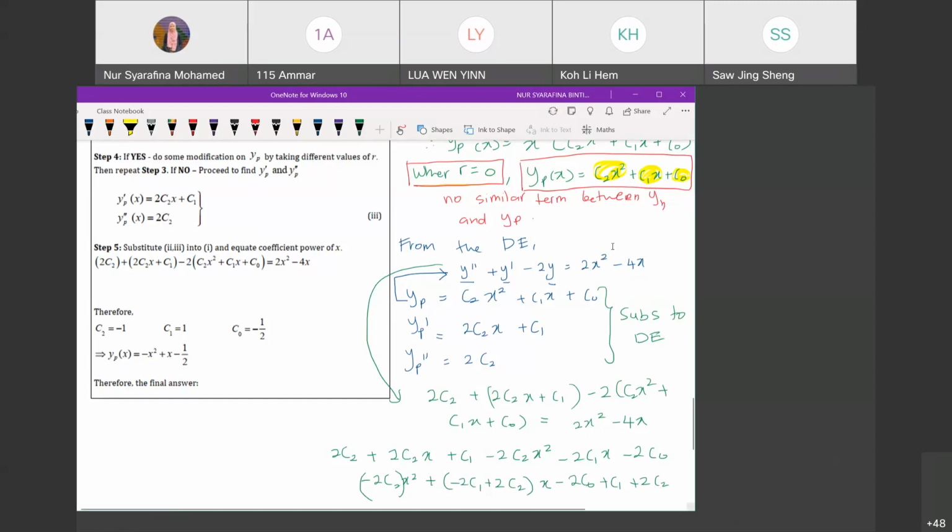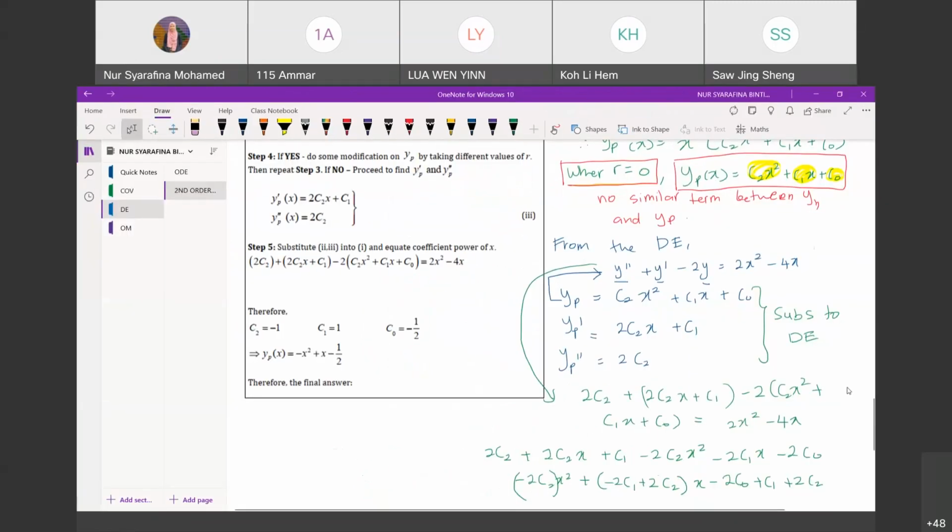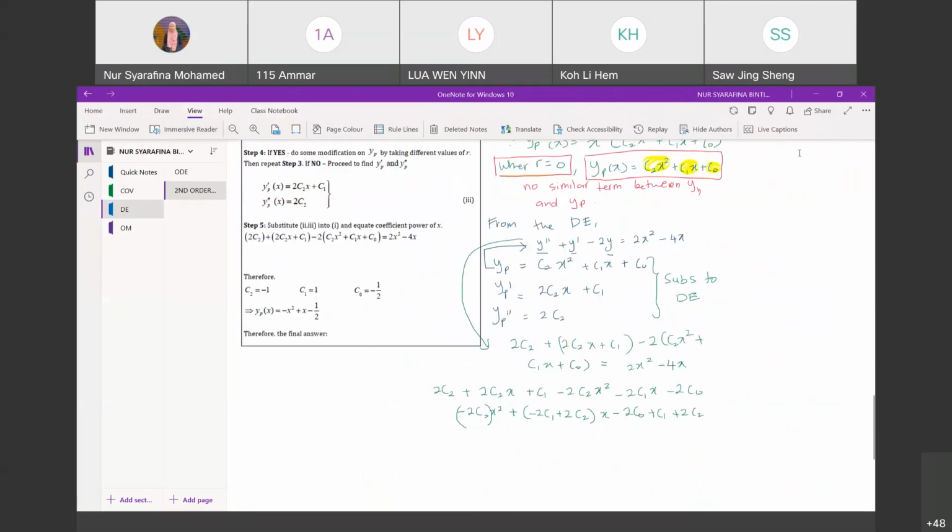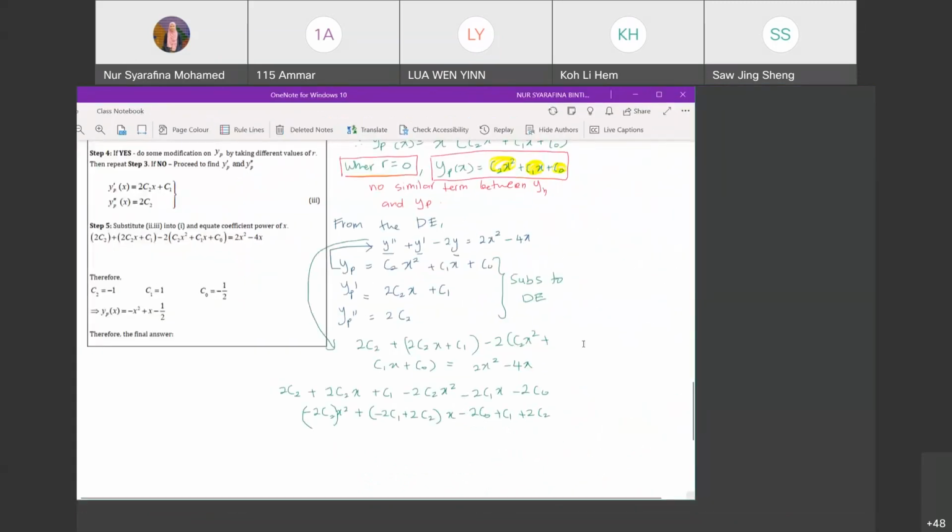Okay, so you rearrange this and compare. Compare with what? With 2x squared minus 4x.